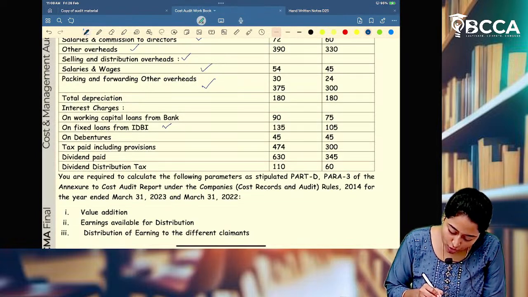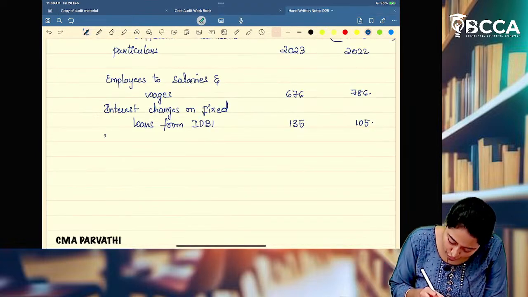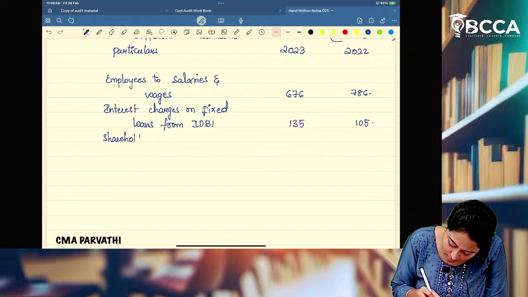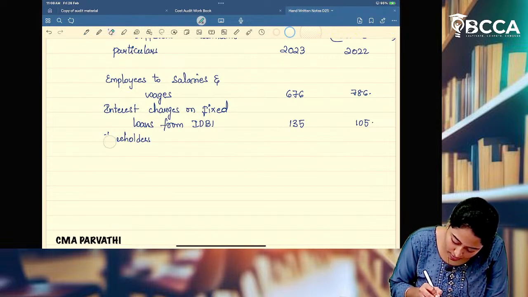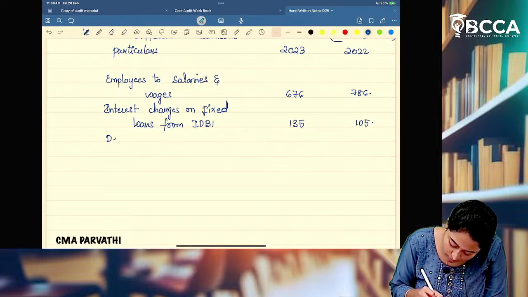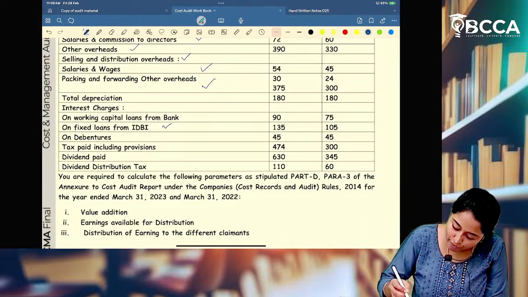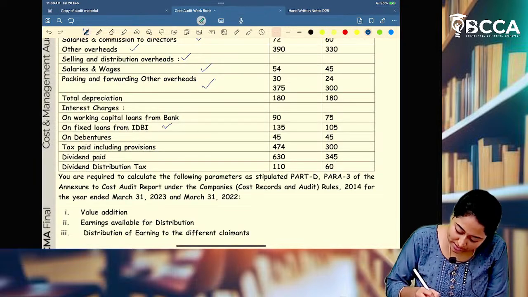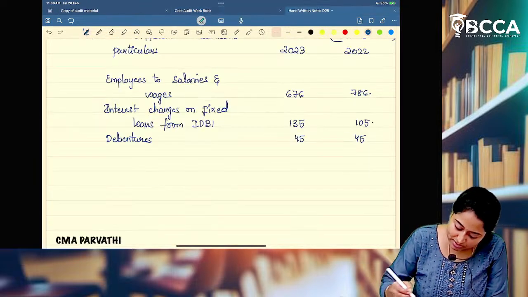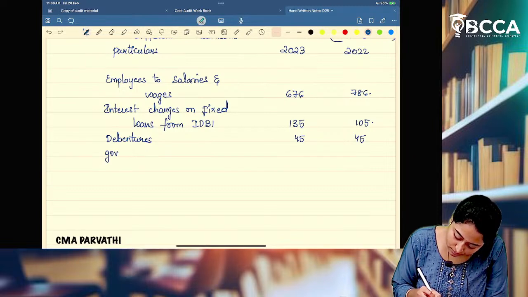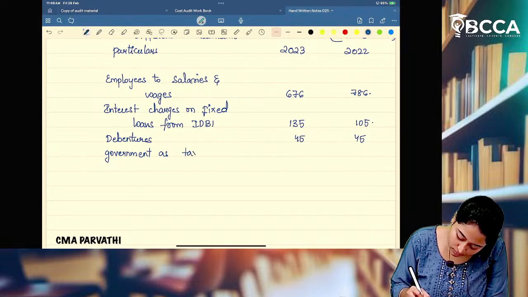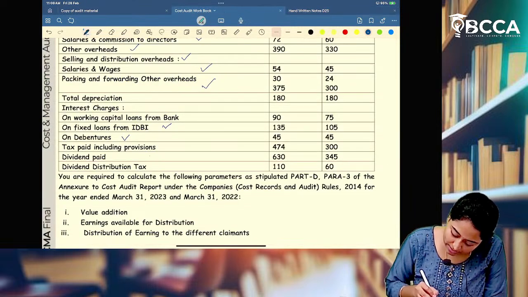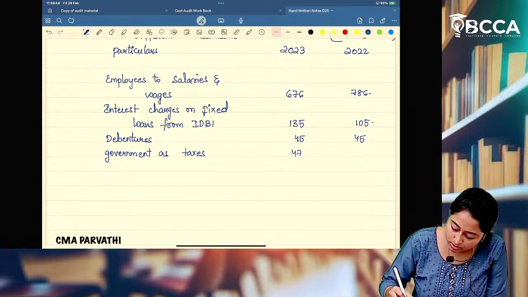And then after that, on debentures. So debenture holders as debentures, 45 and 45. Next, government as taxes. How much is government taxes? 474 and 300.